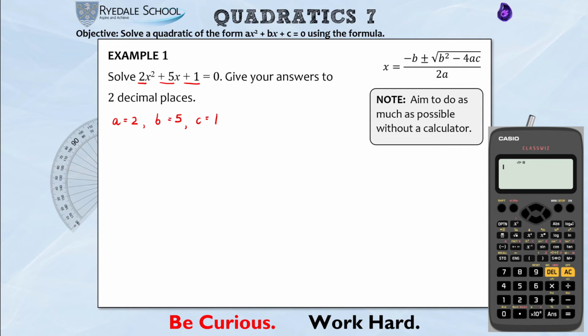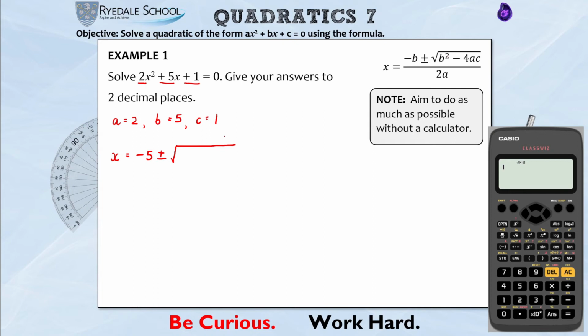All I have to do now is substitute this into the formula. So I have x equals minus b. Well, if b is 5, then negative b will be the opposite sign of that. So it will be negative 5 plus or minus, and if that symbol is new to you, we'll talk about what that symbol means in a minute, the square root of.